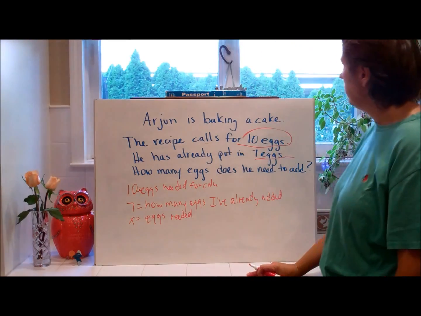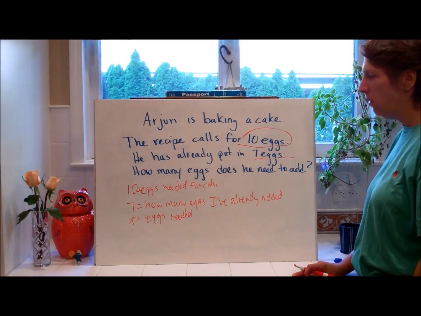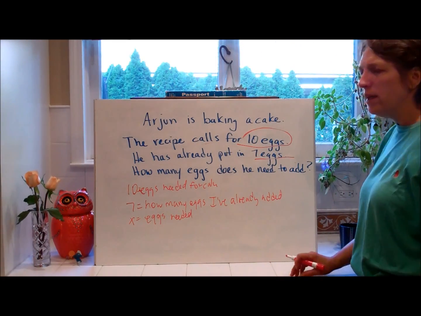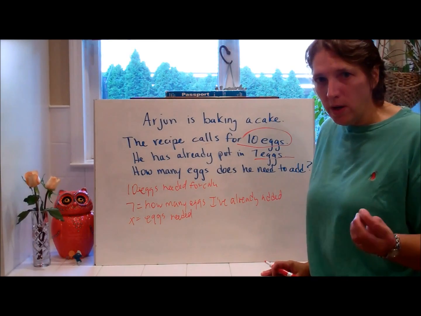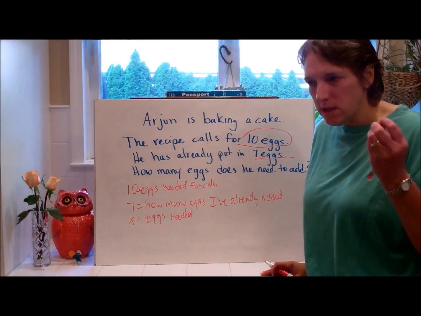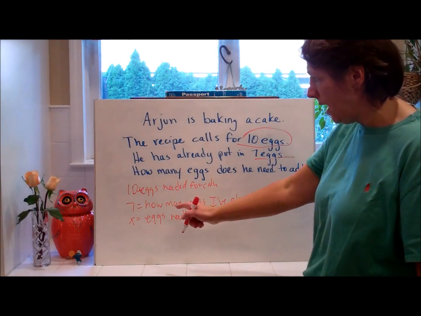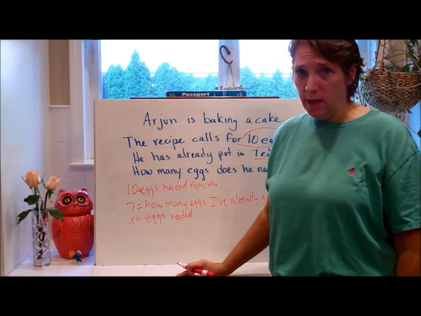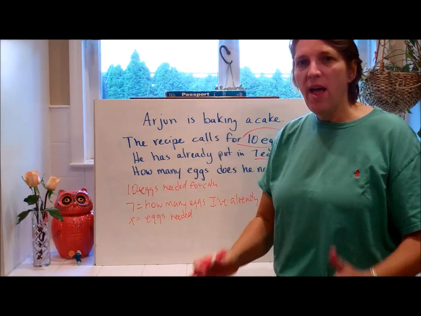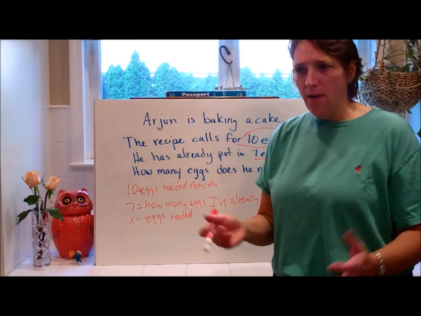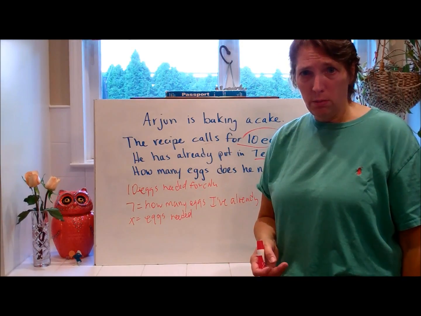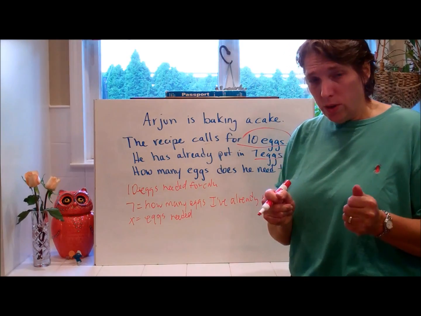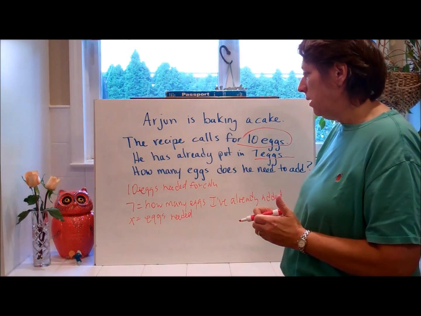Now I'm going to write the algebraic equation. You can never have an equation equal x. That is not an equation. I can't say 10 minus 7 equals x. No, that is not an equation. All you have to do is go 10 minus 7 equals 3. No, I want you to do something where the variable has to be manipulated.